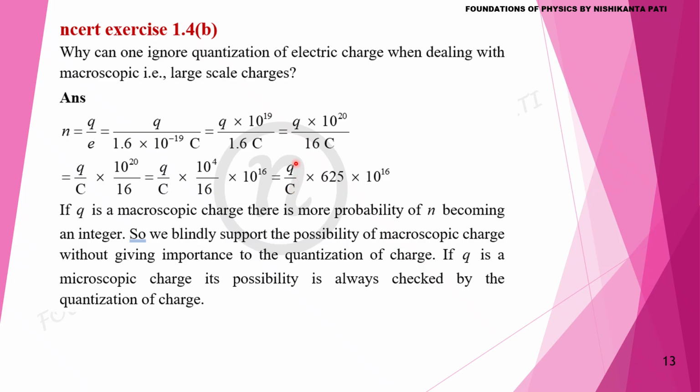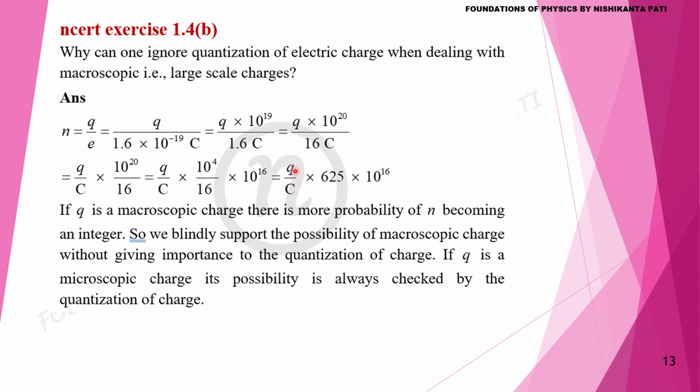So in most cases, there is a large probability of Q by C, when multiplied with 10^16, also when multiplied with 625, the whole result is an integer. So that is why for any macroscopic charge Q, there is a large probability of this becoming an integer.